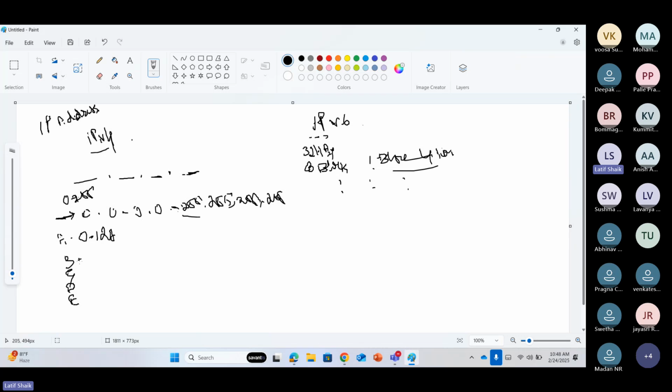Compulsory remember these ranges. Class B is 128 to 191, Class C is 192 to 223, Class D is 224 to 239, and Class E is 240 to 255. This is the complete range of all classes.